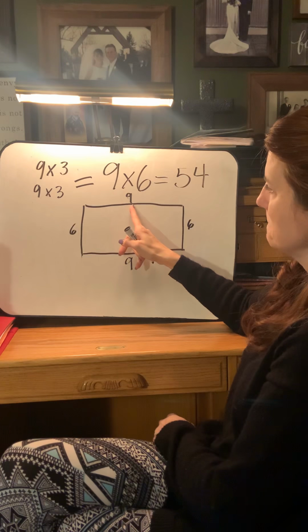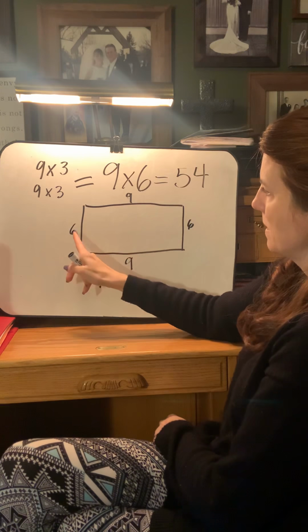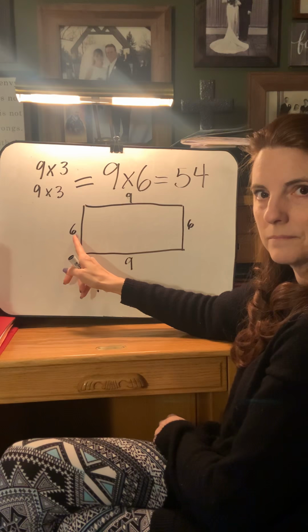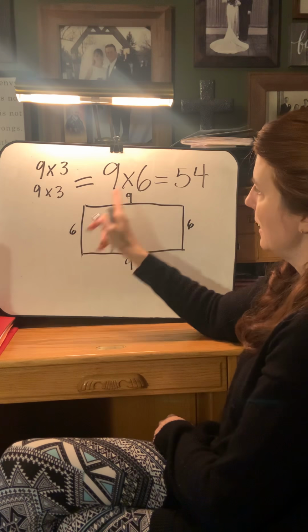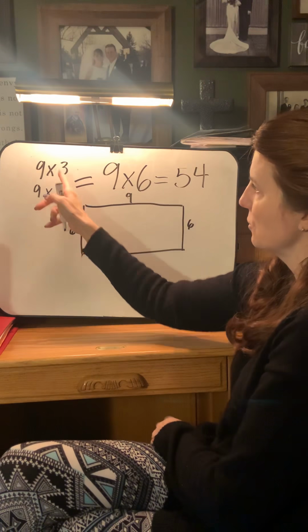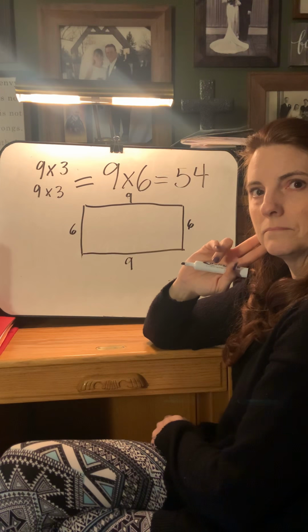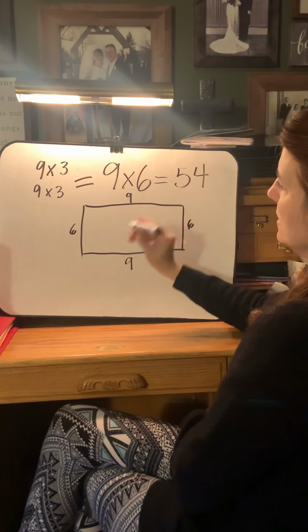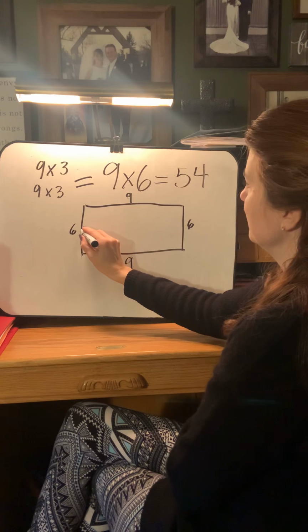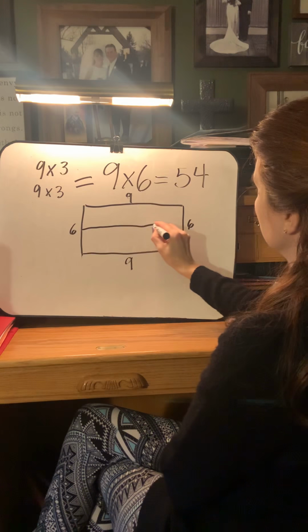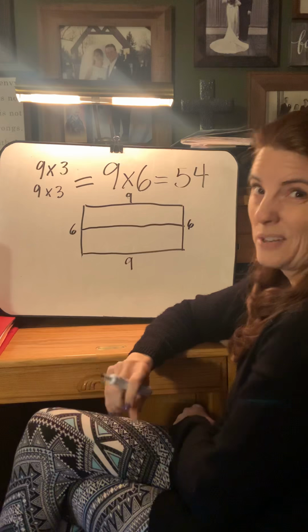So here's my 9. Here's my 6. How do I break that 6 into the 3s, 2 of them? Is this what you're thinking? I didn't draw it very well.